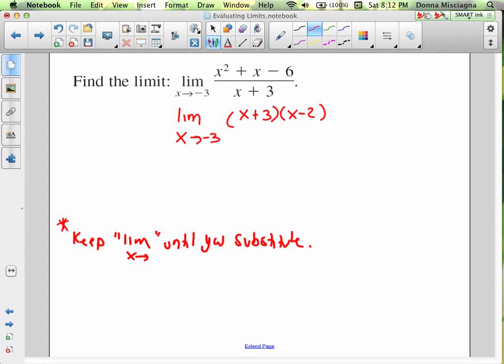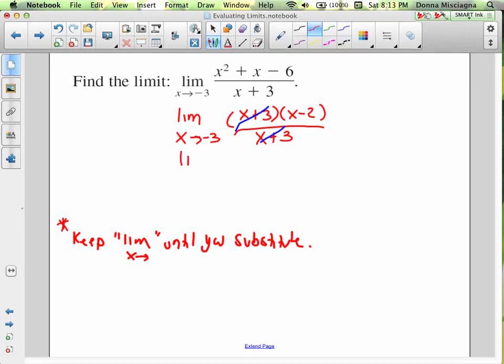All we have to do is figure out two factors of negative 6 that are 1 apart. Hey, it's 3 and negative 2. And we know that x plus 3 must have been there, because we have a common factor in the numerator and denominator, and the denominator only has one factor. Now we see I can cancel those out. Still, don't drop the word limit.